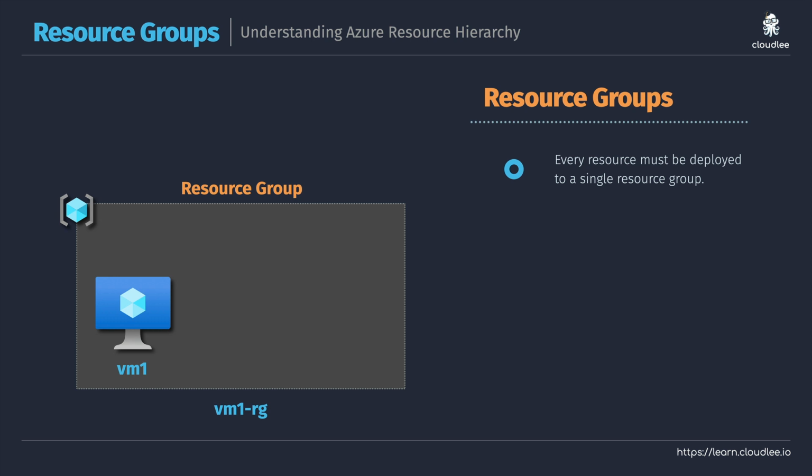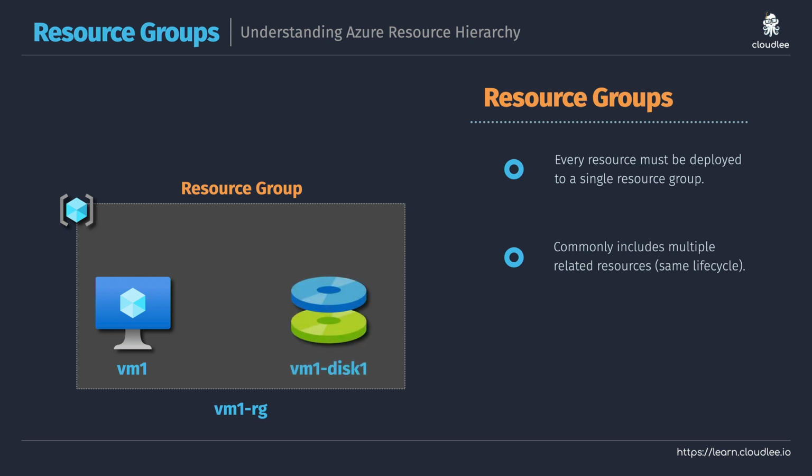Now, you can, of course, have lots of different resources within a single resource group, and you might also have lots and lots of different resource groups within a single subscription. So you might be wondering, well, how do I decide how many resource groups I create? Do I just create one big resource group for all of my different resources? And no, that's definitely not commonly the case. Normally what you'll be doing is creating a resource group and adding in there all the different resources that kind of work together.